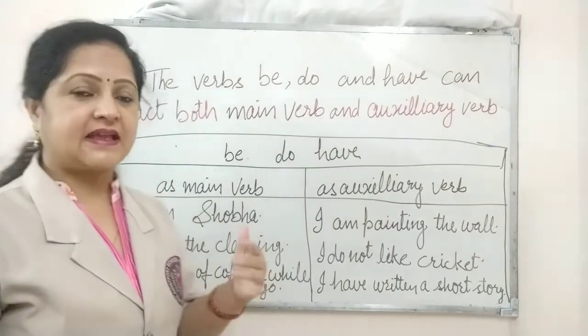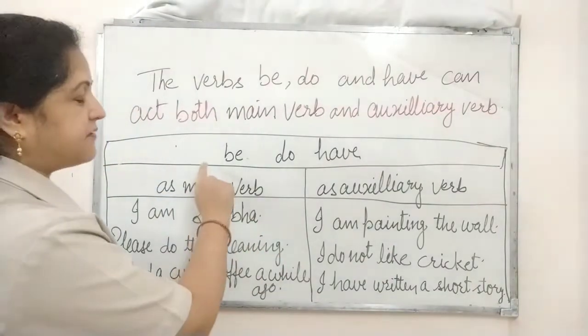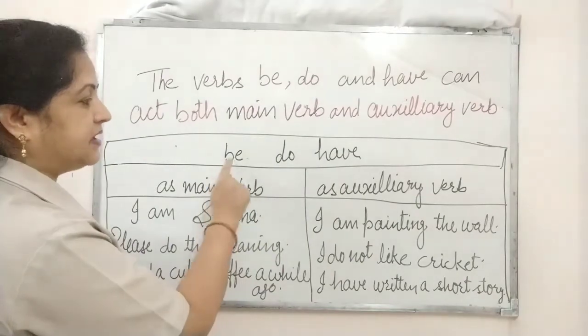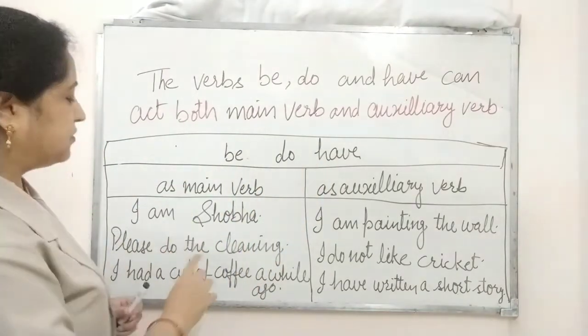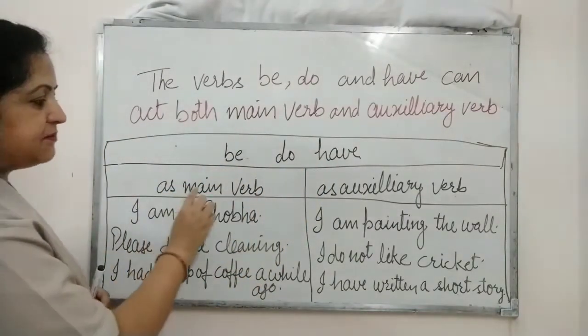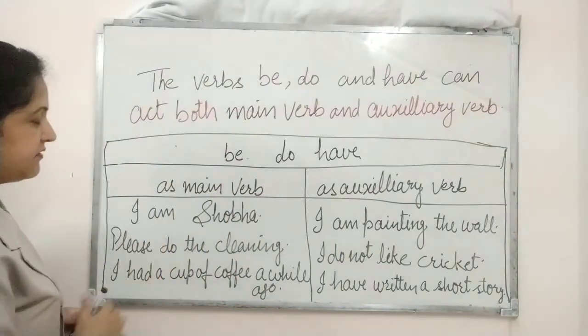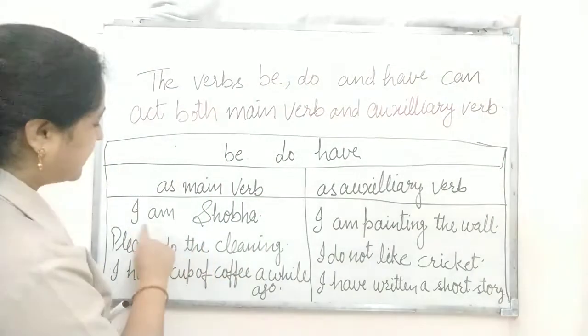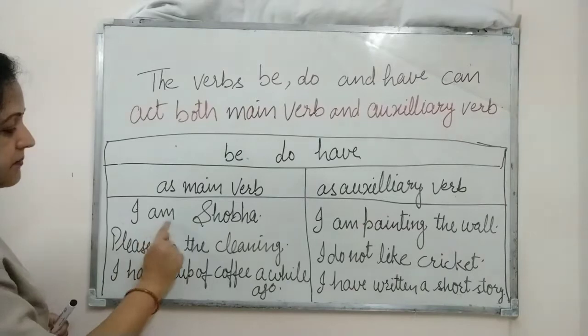Let's take the examples here. I have mentioned all three words: be, do, have. First of all, as main verb. I have written: I am Shobha.